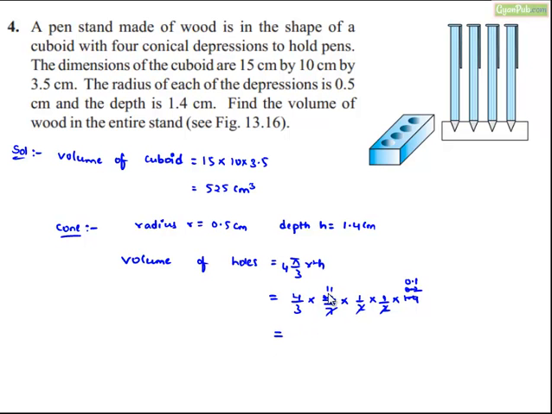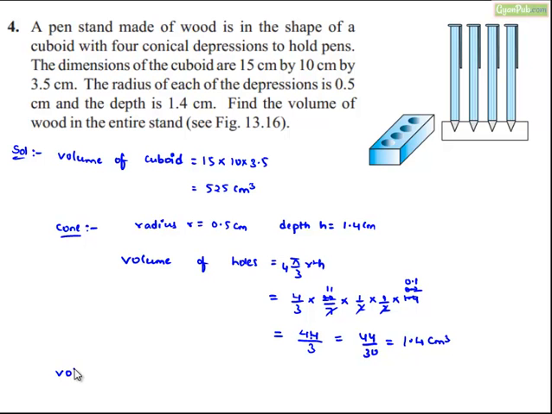So we are left with 4 times 11 times 0.1, that is 4.4 divided by 3, which is equal to 44 by 30, that can be simplified as 1.47 centimeter cube.